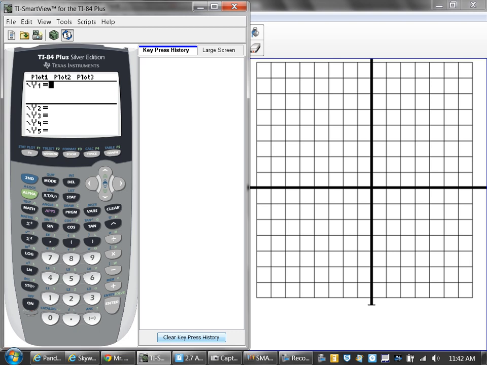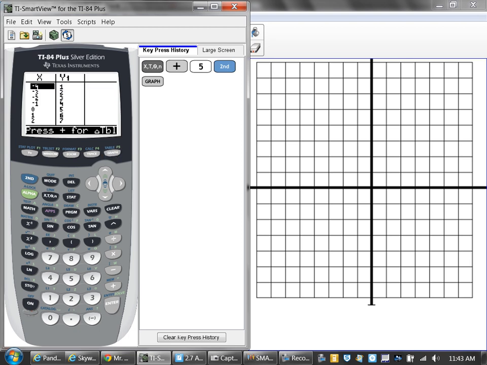And what I want to do is start with the first one, x plus 5. Remember, all you have to do is go to your y equals button and type in x plus 5. And then go right away to your table, second graph. Everybody got that all right? Now, in this case here, your table might be a little bit different setup than mine.